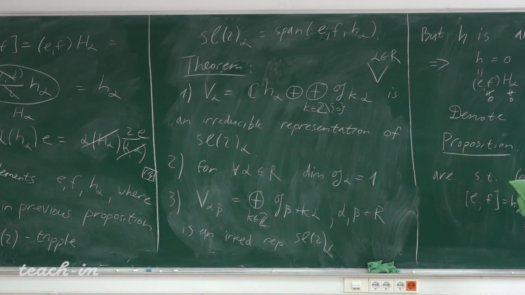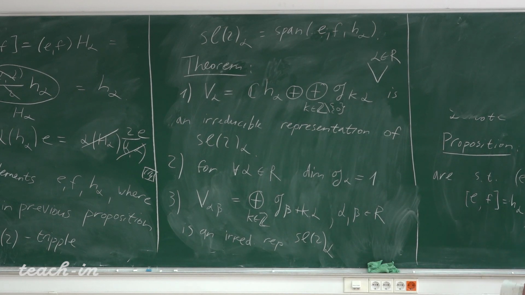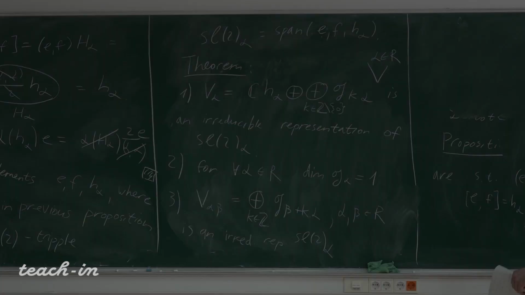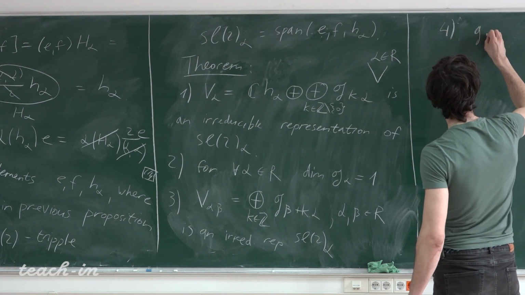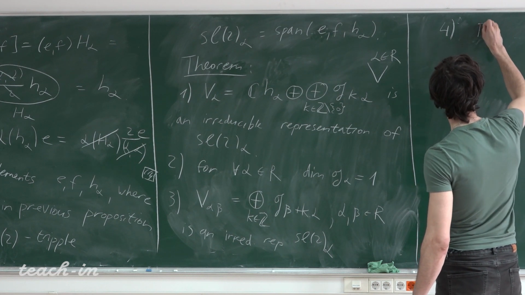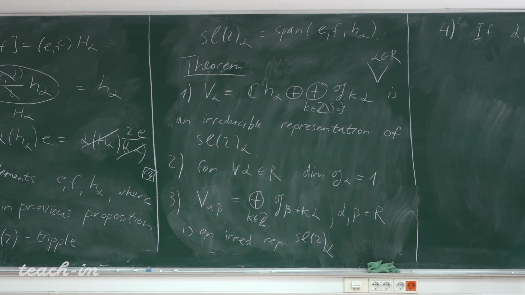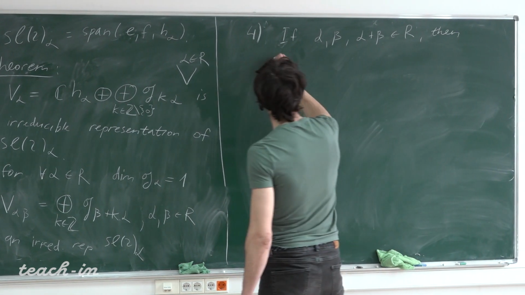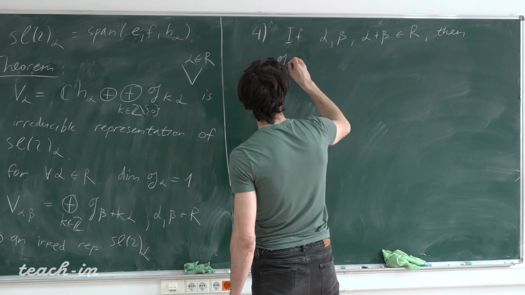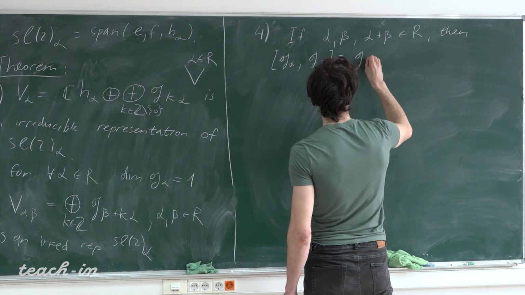Okay, and I promised you 4 parts in this theorem, so the 4th one is the following. The 4th one says that if I take alpha and beta roots, but also I claim I would like alpha plus beta to be a root, then G alpha bracket with G beta is G alpha plus beta.